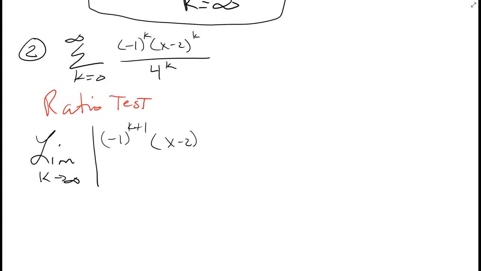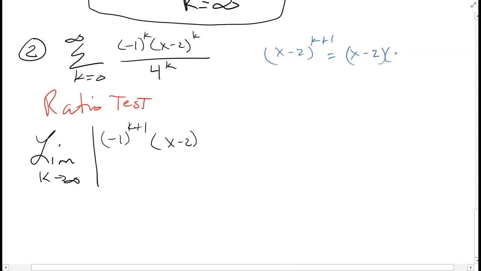Now, we'll do this in blue for a minute. What does x minus 2 to the k plus 1 look like? Well, it looks like x minus 2 times x minus 2 to the k. If you write it this way, it's going to help you when we cancel things away. Because technically, when you use your power rule, k plus 1, that's what we have.